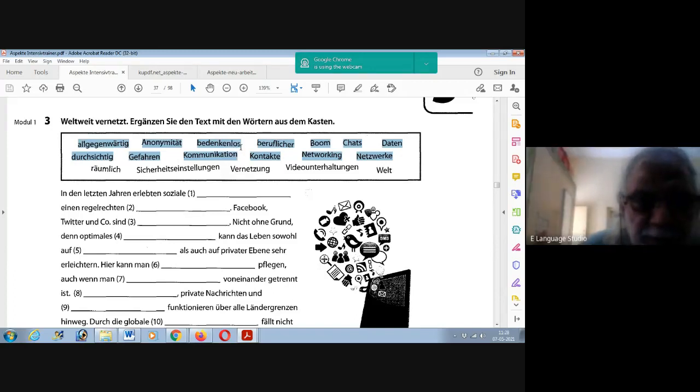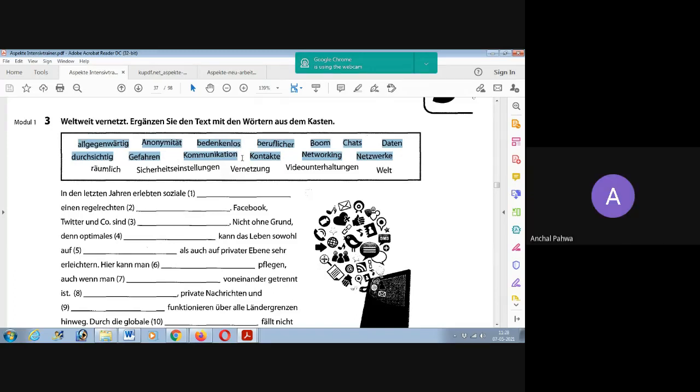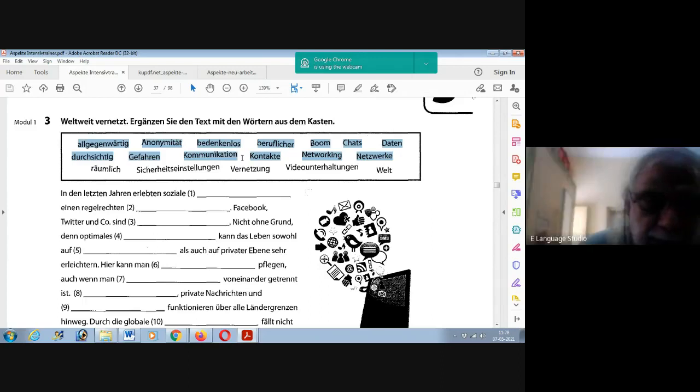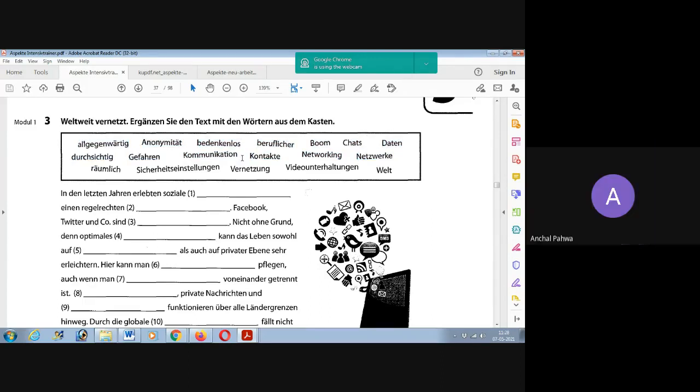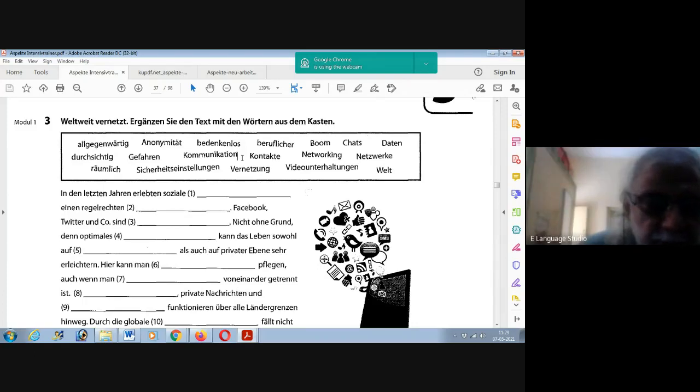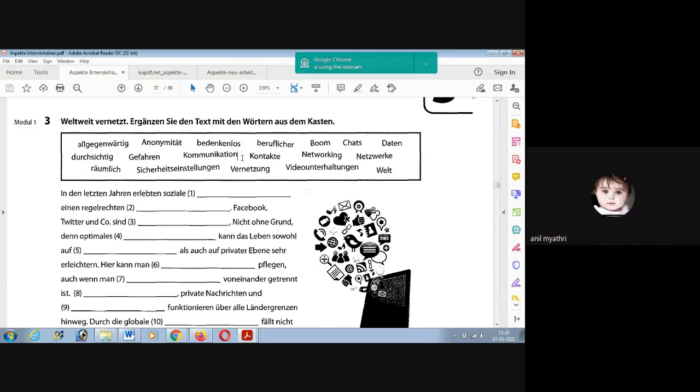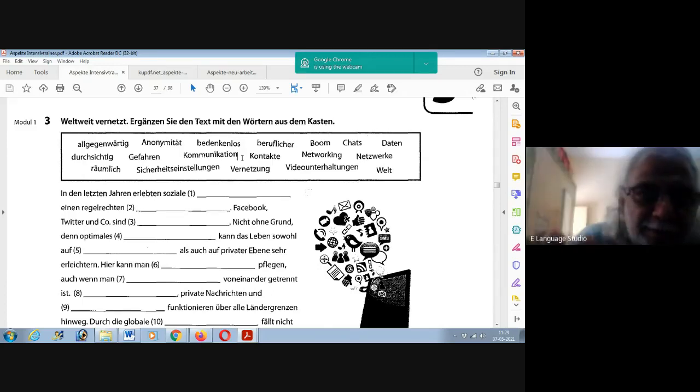Was ist bedenkenlos? Thoughtless? Harmless? Nein. Bedenkenlos, also zwei Formen. Bedenkenlos als Adverb bedeutet, remember, adverb means it cannot be declined. Da hat man keine Deklination. Only an adjective has Deklination.